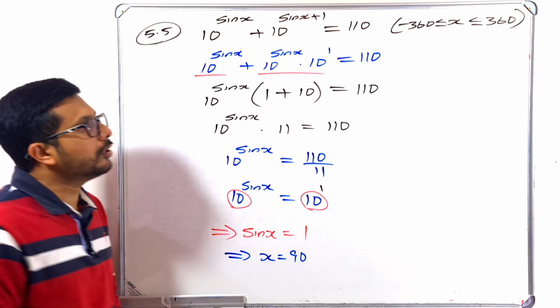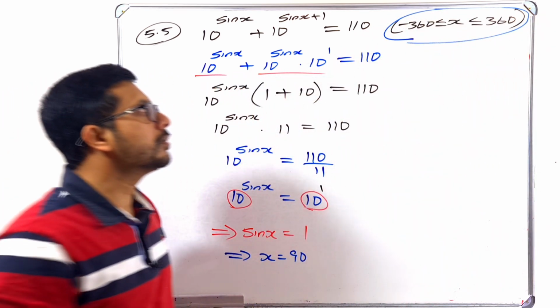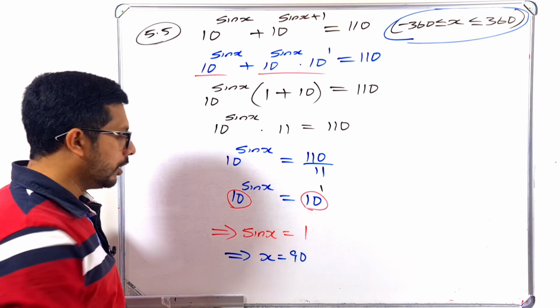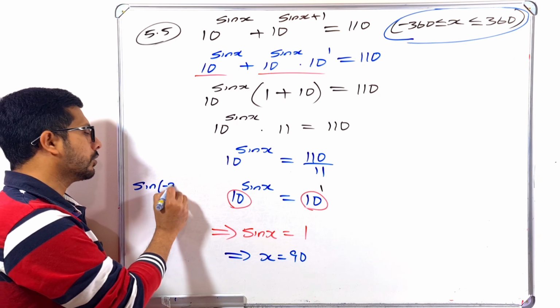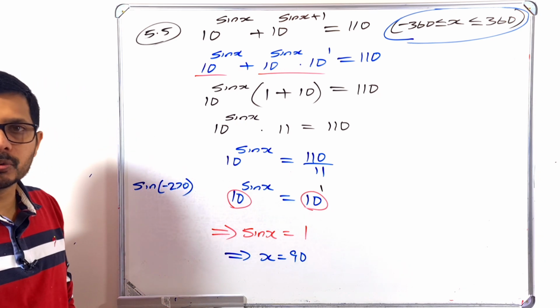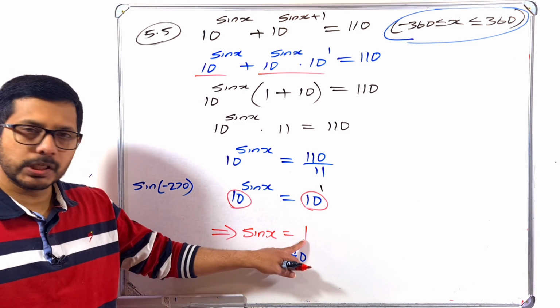Is there any other value? Look at the domain. We want to write all the values from minus 360 to 360. Okay, so what about sine of minus 270? Check in your calculator. Sine of minus 270 is also positive 1.